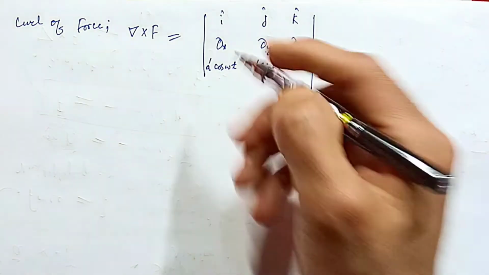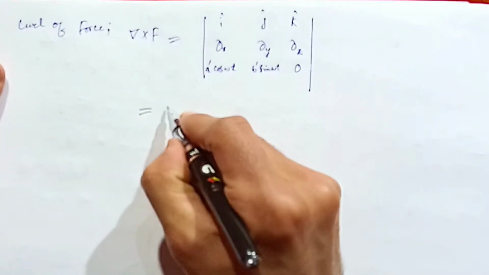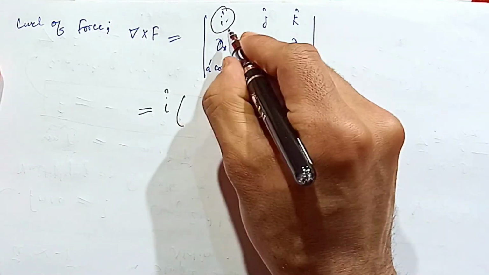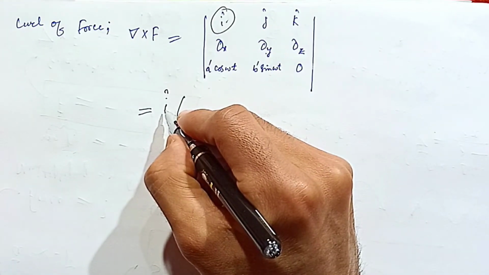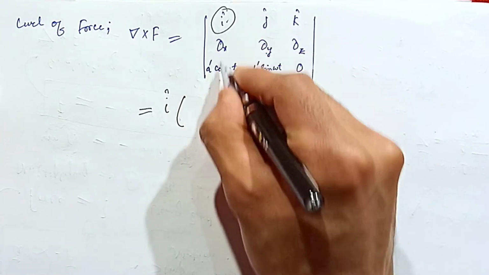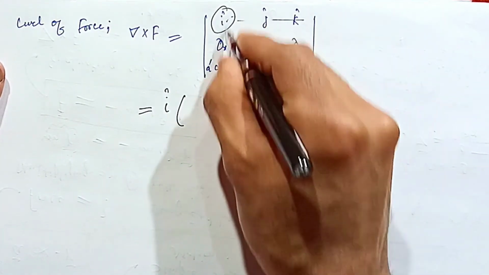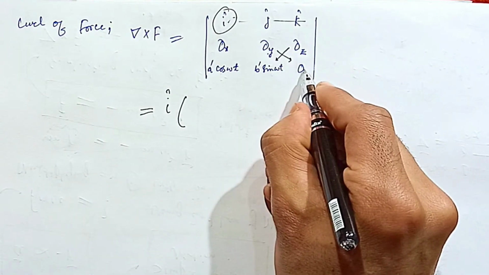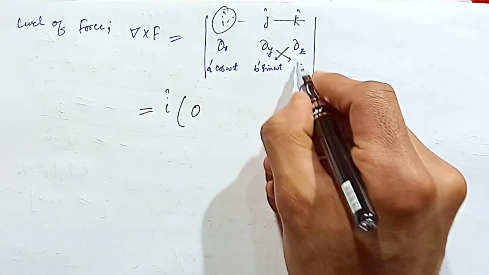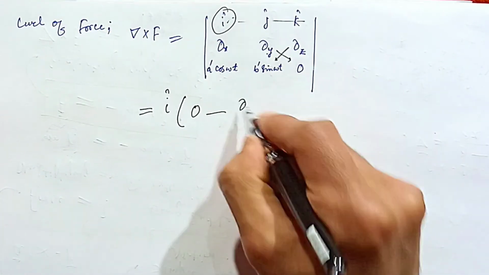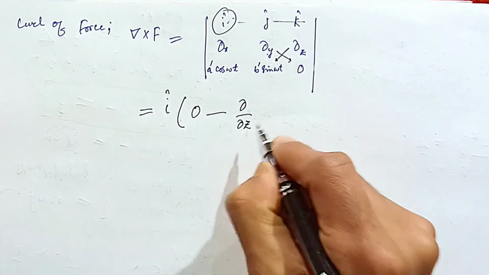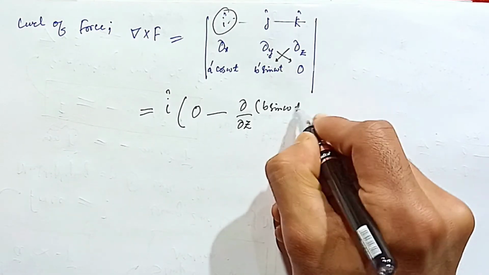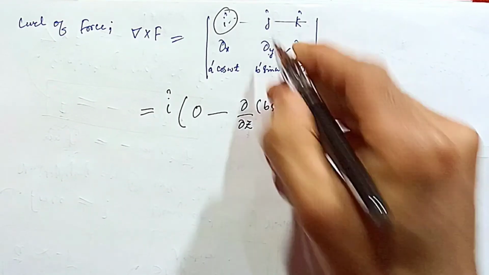We know the calculation of a determinant is done along the first row. Keeping i hat, deleting its row and column, then cross multiplying: partial differentiation of 0 will vanish, minus partial by partial z of b sine omega t, minus j.